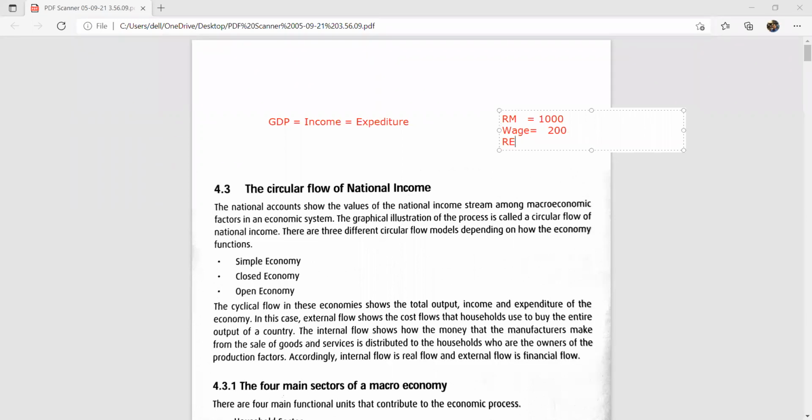Then the businessman should have particular premises for the production of goods, known as rent. Rent should be paid.